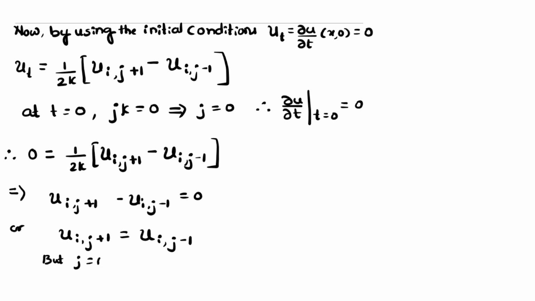With what we are considering, initial condition j equal to 0. So that implies u(i, 1) equals u(i, −1). So by using the initial condition, u(i, 1) is equal to u(i, −1).